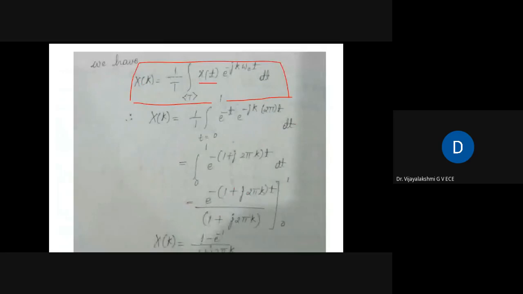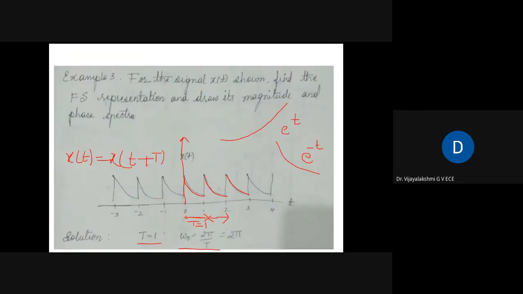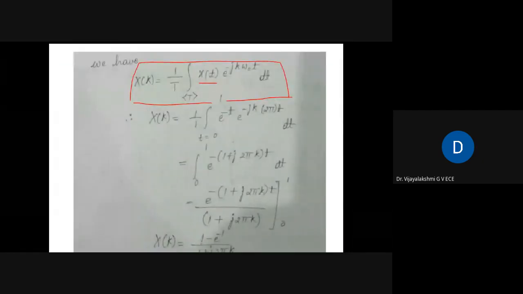We are finding the coefficient by integrating over one fundamental period. We found this signal is a decaying exponential, so I substitute x of t equal to e raised to minus t. Our fundamental period is 1.